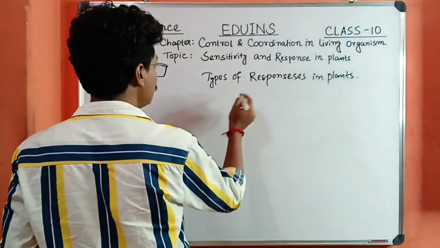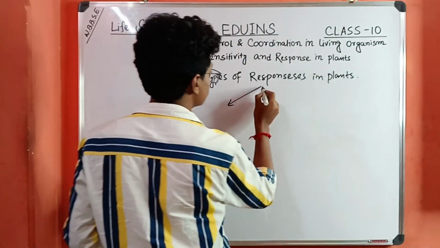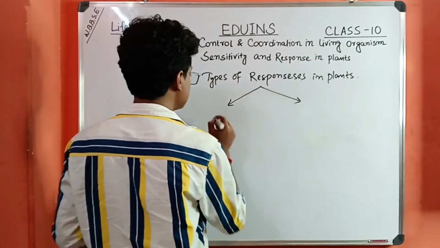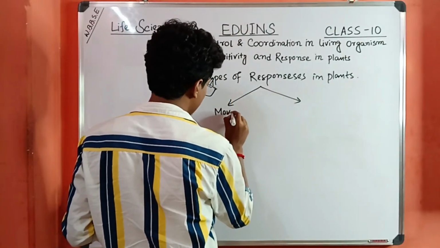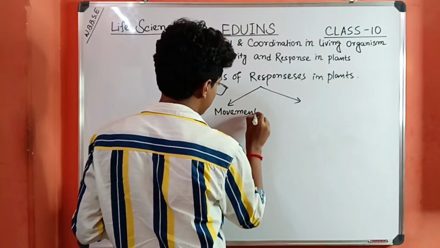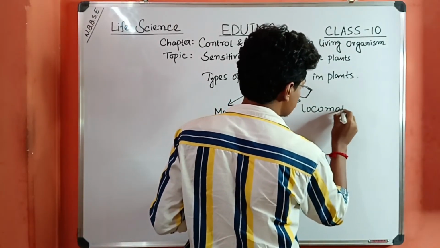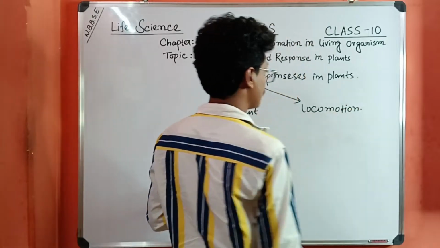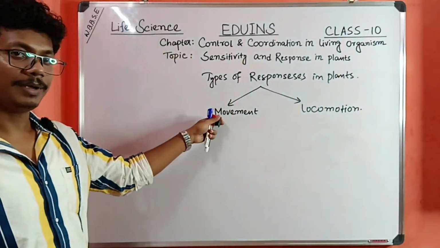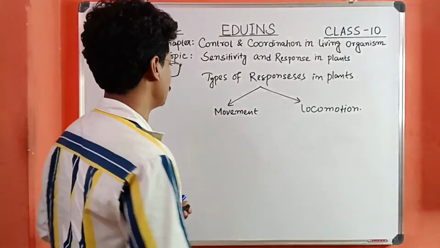There are two types of response we can observe. One is movement, another one is locomotion.